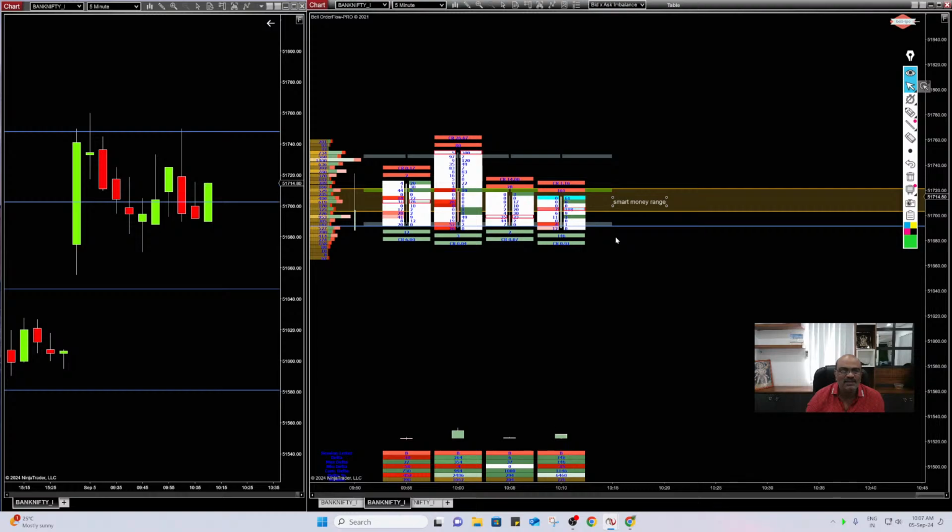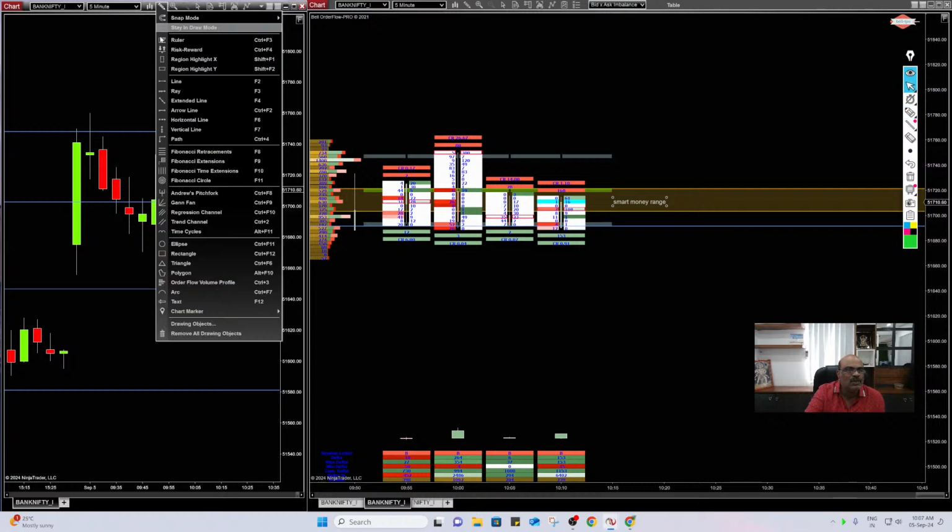So demand and supply have to be equal for the market to go sideways. When the imbalance is more on the bids, on the demand or supply zone, it will break in that direction. But the imbalance is created by smart money buyers or smart money sellers. It can be on the buying side or the selling side.